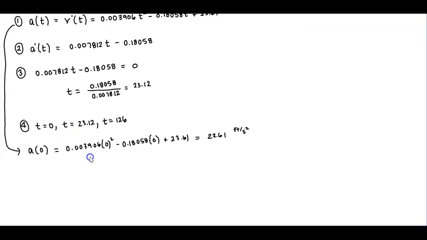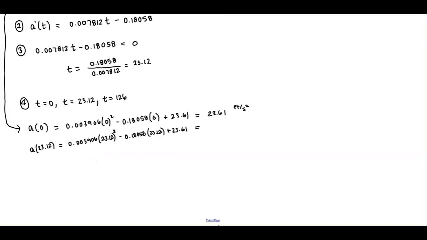So now let's find a of 23.12. We're going to plug it into our acceleration function. We're going to square that, minus 0.18058 times 23.12 plus 23.61, and that's equal to 21.52 feet per second squared.